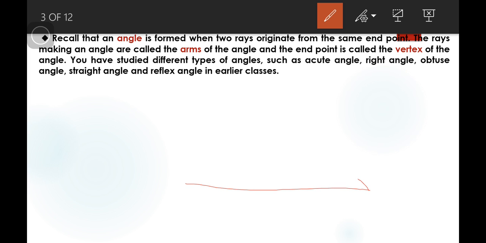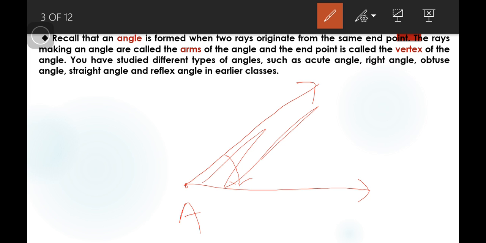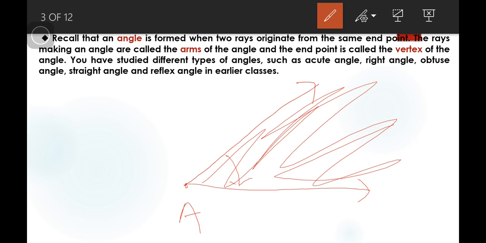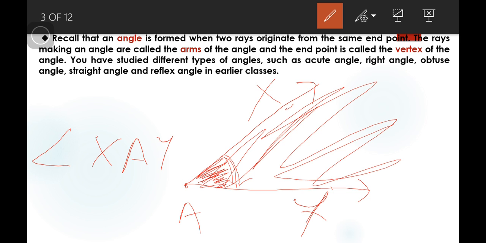Two different rays start from one vertex, and the area between them is known as an angle. With points X and Y, we denote it as angle XAY. So in this way we know what an angle is.